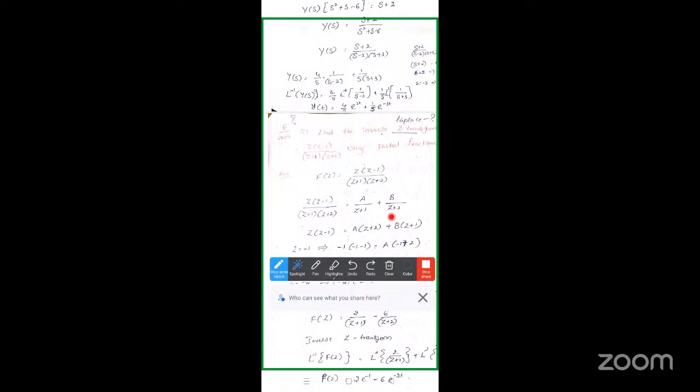Taking LCM, z into (z minus 1) is equal to A into (z plus 2) plus B into (z plus 1). Next, substitute the roots.